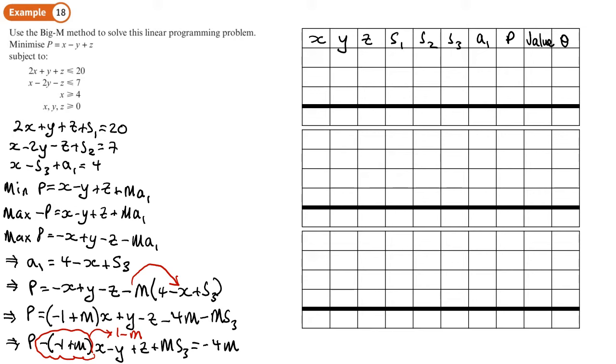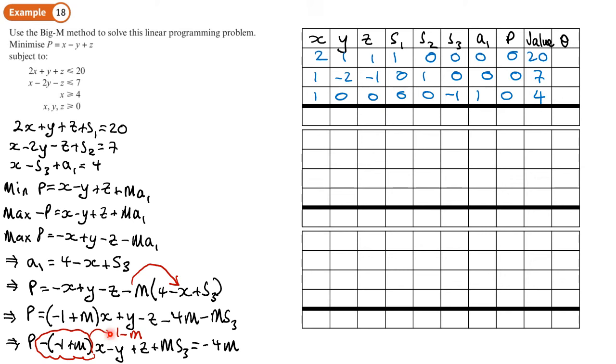Okay, so our initial tableau, if we look at equations, 2x plus y plus z plus s1 equals 20. Second equation, x minus 2y minus z plus s2 is equal to 7. Third equation, x minus s3 plus a1 is equal to 4.